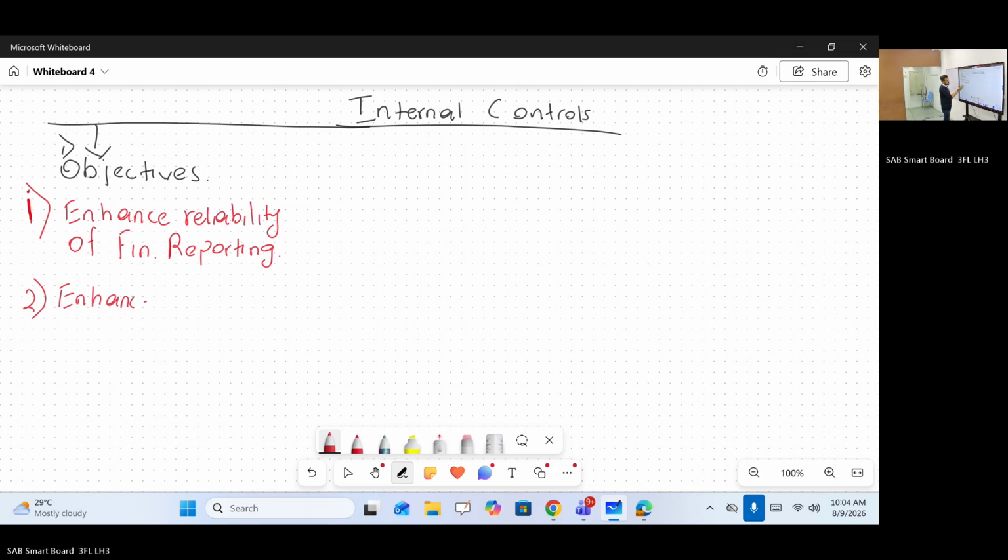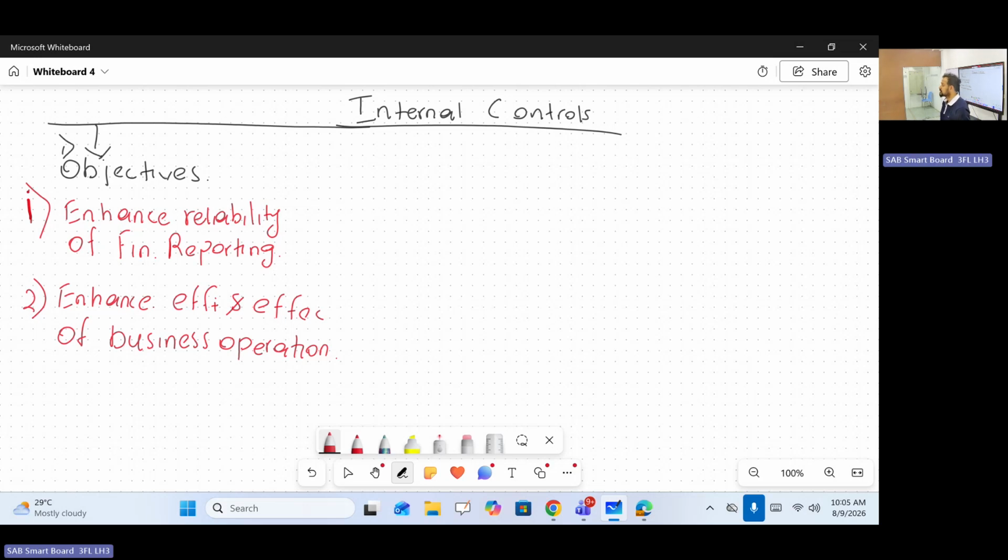Number two: enhance the efficiency and effectiveness of business operations. What does this mean?